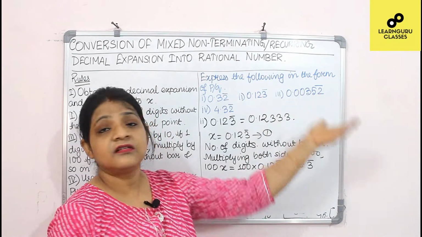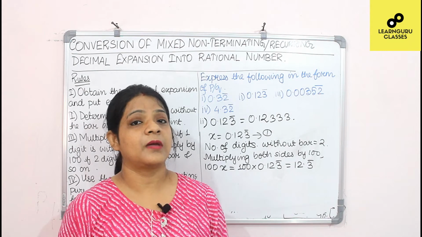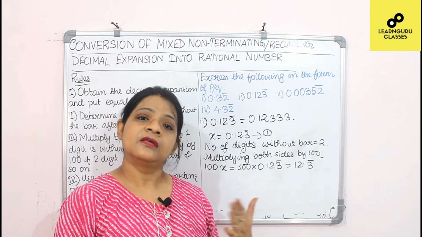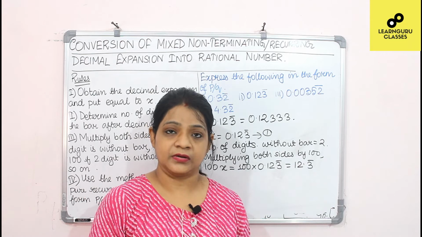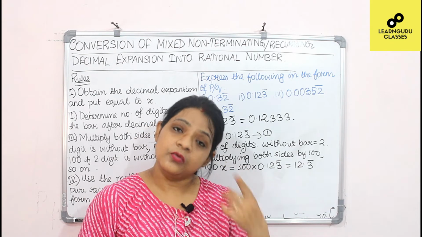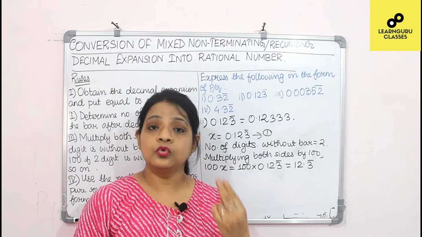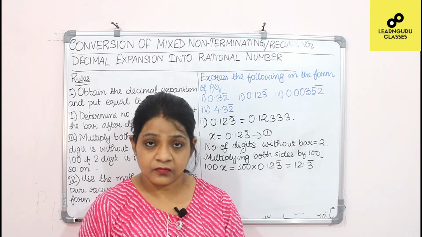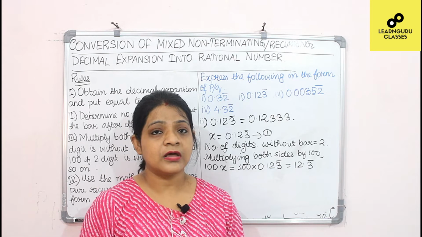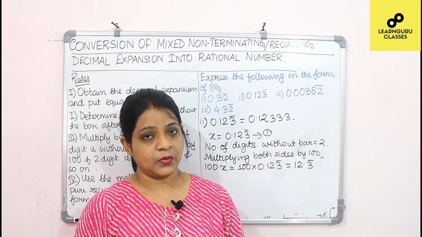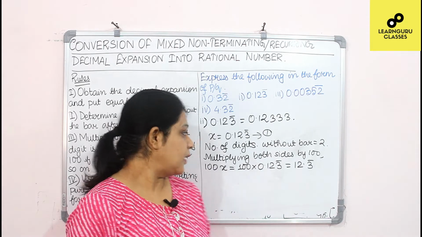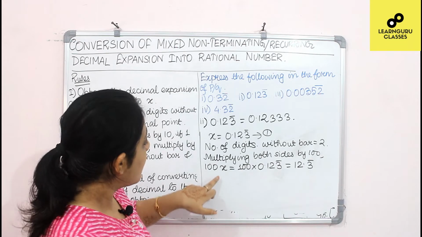If 3 digits were without the bar, you would have multiplied it with 1000. It is very simple logic. 1 digit without the bar, 10. 2 digits without the bar, 100. 3 digits without the bar, 1000, and so on.